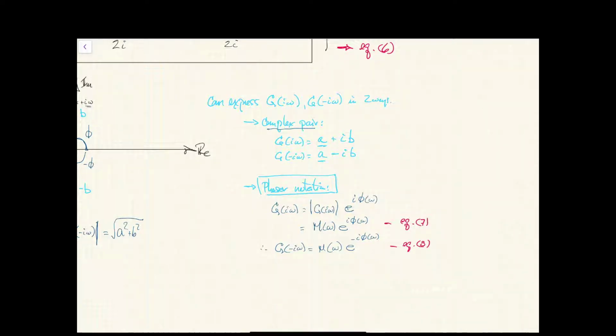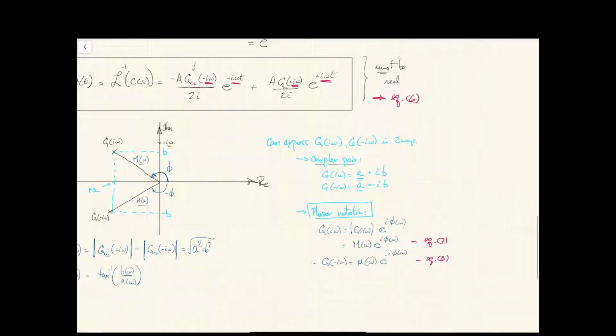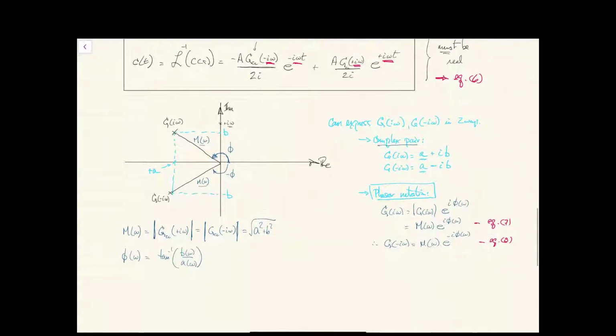Okay. And if we take these two equations, 7 and 8, and we substitute them back into 6, then we're going to be in good shape for having our time domain response for this system.